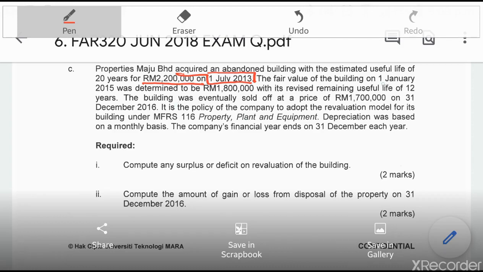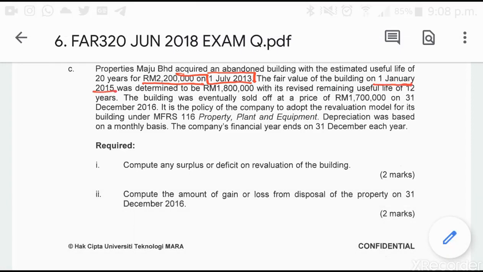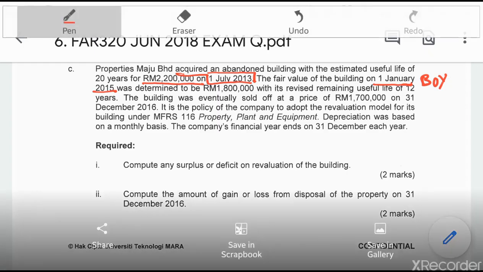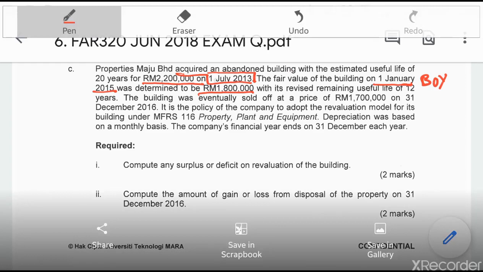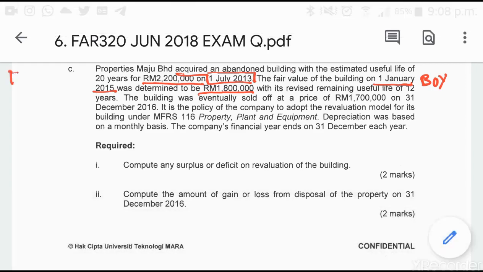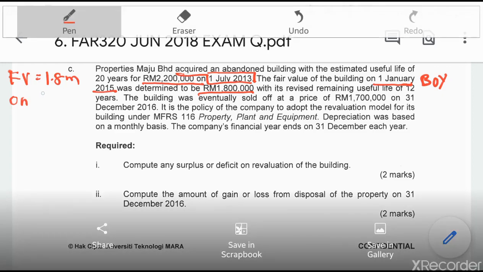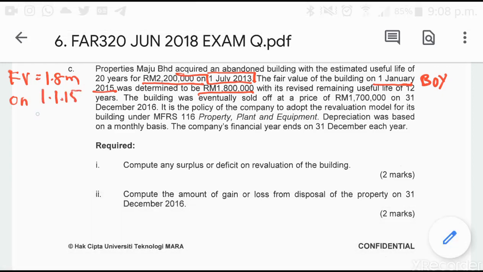And then on 1st of January, which is the beginning of the year 2015, that building that was acquired in 2013 was revised in terms of its fair value, and it was determined to be 1.8. So this 1.8 is the fair value on 1st of January 2015, the beginning of the year.